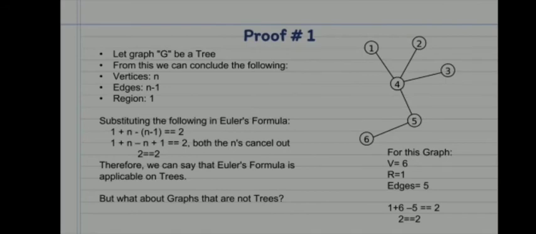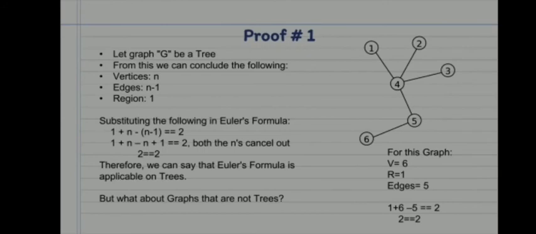And from this we can conclude that if the number of vertices is n, the number of edges is n minus 1, and the number of regions in trees is 1. And if we substitute the following into Euler's formula, we see that both the n's cancel out and we get 2 is equal to 2. Therefore, we can say that Euler's formula is applicable on trees.